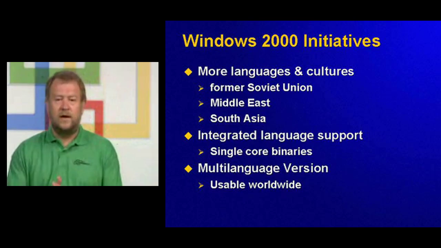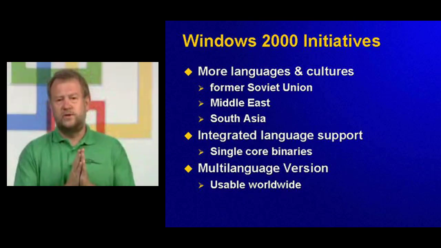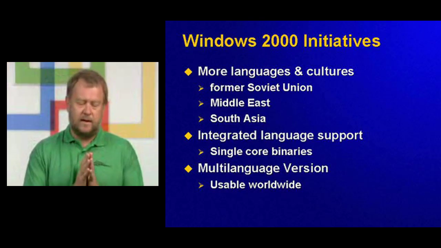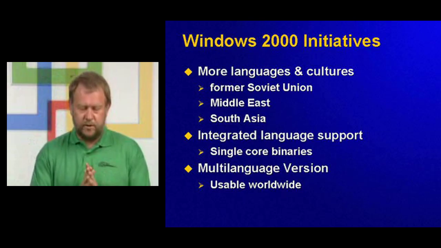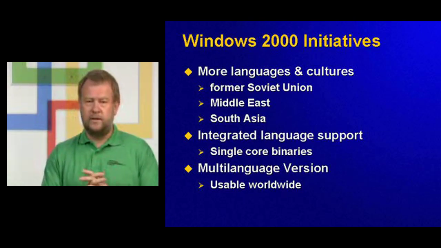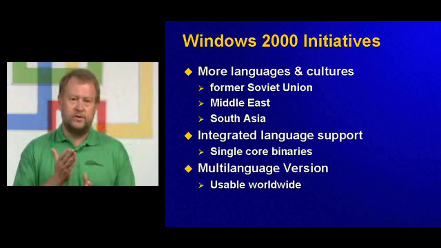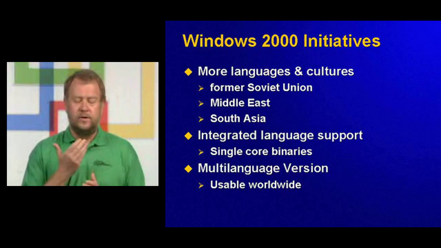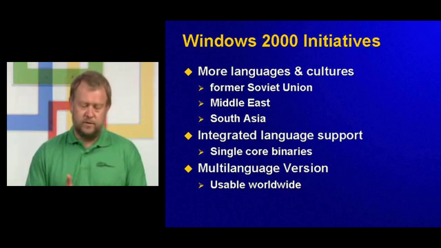Now, how does Windows 2000 deal with all these things? What are some of the new features in Windows 2000, and how does that relate to you as someone who's setting up a system or deploying it in an international setting? Well, first of all, in Windows 2000, we've added support for new languages and cultures. We have Armenian and Georgian from the former Soviet Union.